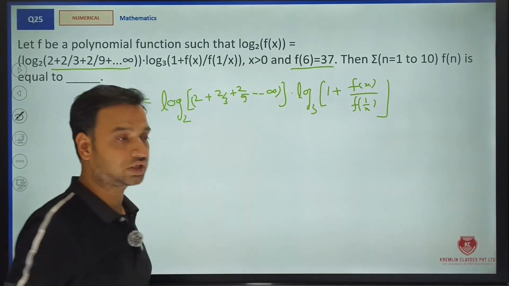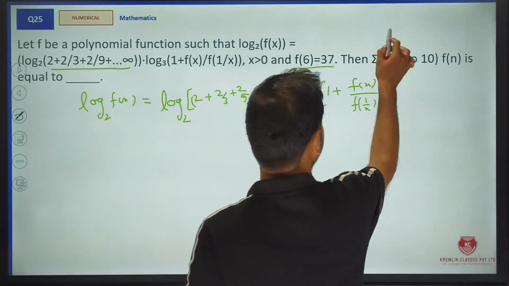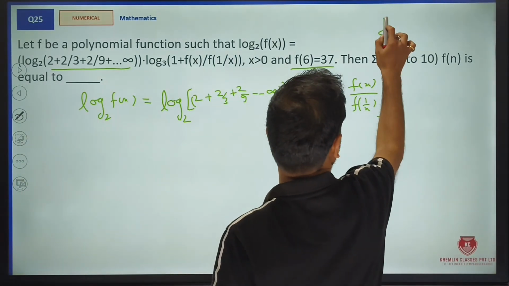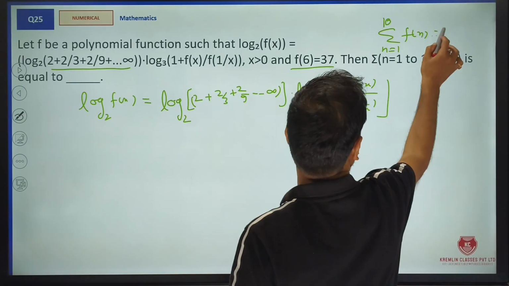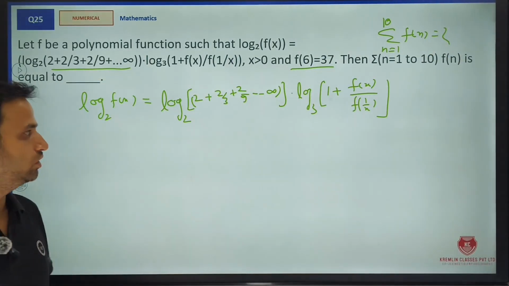F of 6 is 37, and we have to find the sum from n equal to 1 to 10 of f of n. That is the required value.